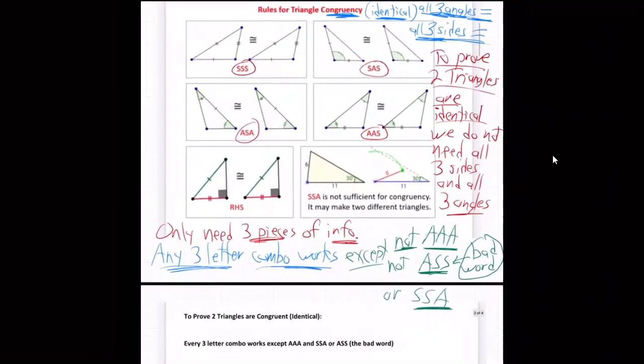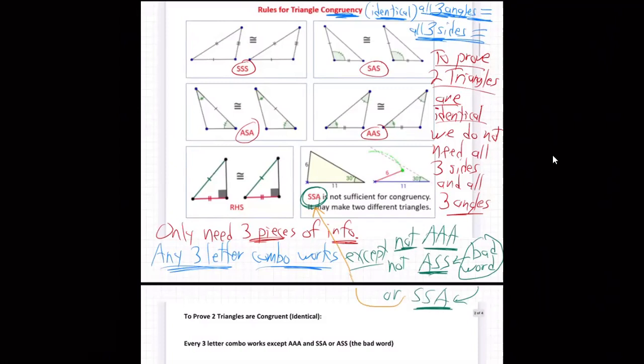That's the same thing. So not the bad word, forward or backwards, and not AAA. But all other 3-letter combos work. See, that's the bad word backwards. That one doesn't work.